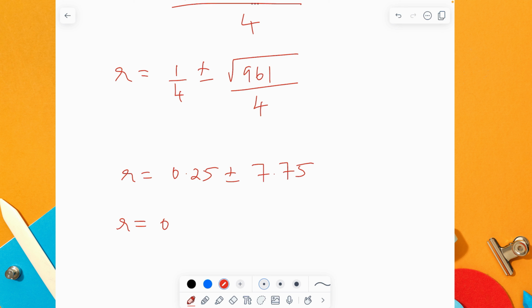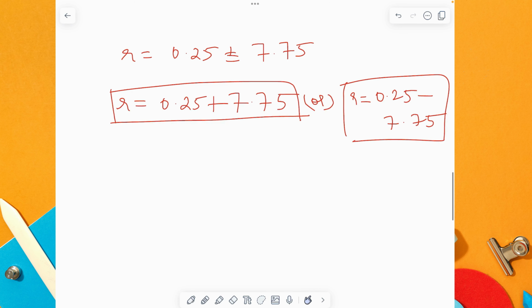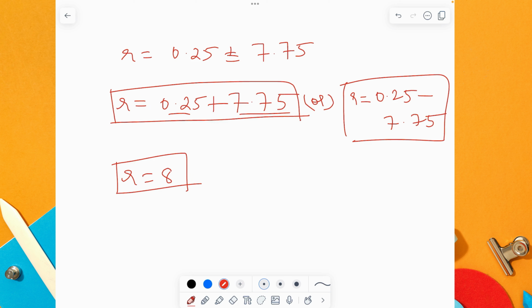Now let us split up the values. R value will be 0.25 plus 7.75, and the other R is 0.25 minus 7.75. So 0.25 plus 7.75, we get R is equal to 8. And 0.25 minus 7.75, we get R is equal to minus 7.5.